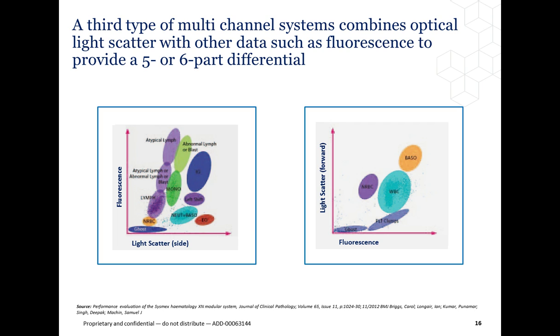The left scatter plot, if you notice, indicates fluorescence activity on the y-axis and light scatter angle 1 on the x-axis to identify combined neutrophil basophil population together, lymphocytes, monocytes, eosinophils, immature granulocytes, along with information on NRBCs and abnormal cells. The right scatter plot indicates light scatter angle 2 on the y-axis and the cell fluorescence on the x-axis to further identify basophils and NRBCs and the WBC count, along with additional information for interferences, detection, and flagging.